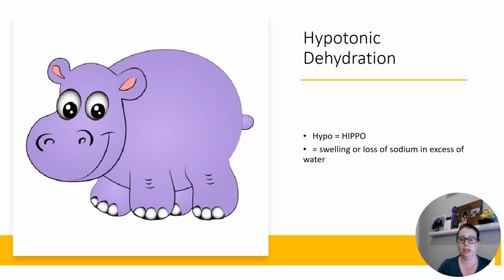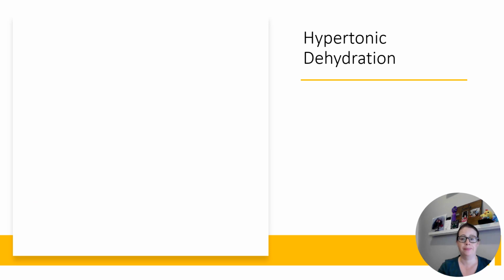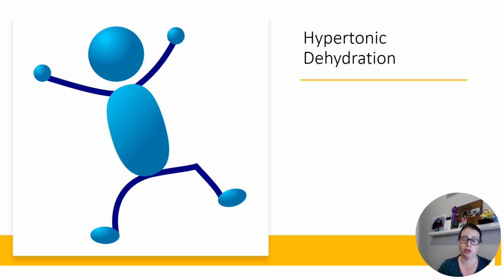So we've got that swelling or loss of sodium and excess of water. Okay, the serum sodium levels in this case are generally low because it is all moved inside. And so we're looking at less than 135 for serum sodium levels. And hyponatremia.